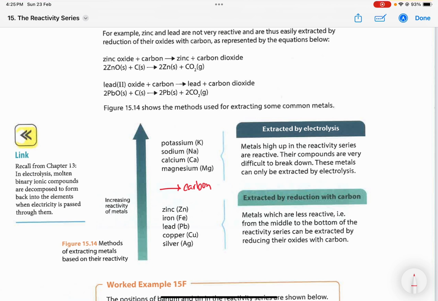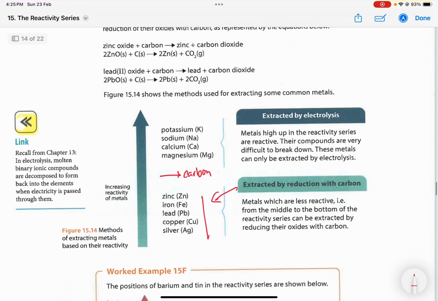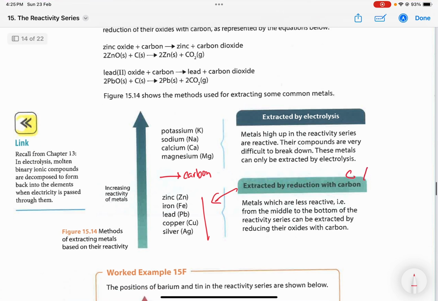So anything below carbon, all of this can be extracted by reduction with carbon. Take note, it need not be purely carbon. Carbon monoxide can also be used, because it's still a carbon compound.